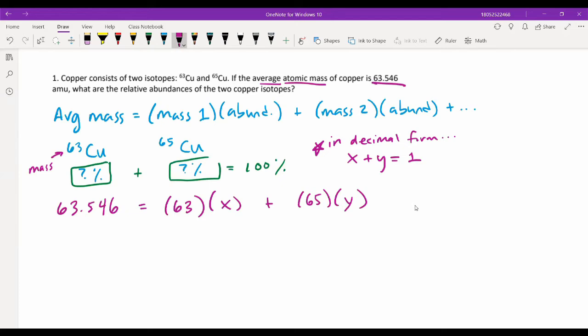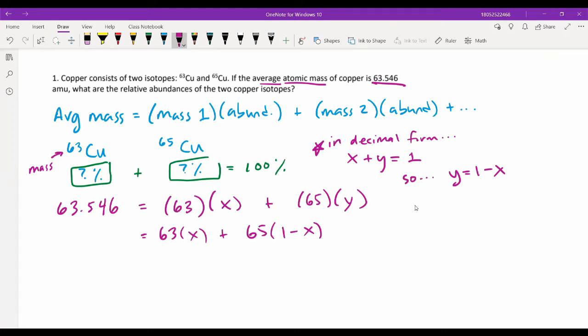So then we can say either X is 1 minus Y, or Y is 1 minus X. Substituting that in here, we now have an algebraic equation with only one unknown, X, which we can solve for, or if you solved for Y or X in terms of Y, you would only have one variable, which is Y. Doesn't matter which way you do it, you get the same answer in the end. You can try it both ways.